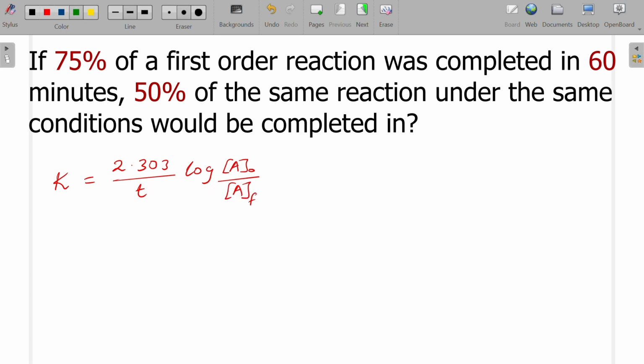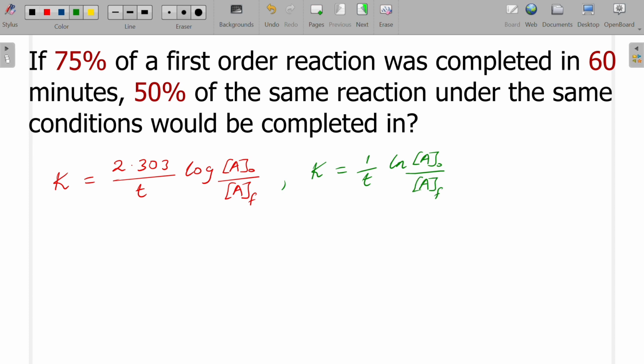You can also use another formula that uses natural logarithm. This one is using standard logarithm, but we have the one that uses natural logarithm. That one will be K is equal to 1 over T, multiplied by natural log of the initial concentration or initial amount on top divided by the final amount down here.